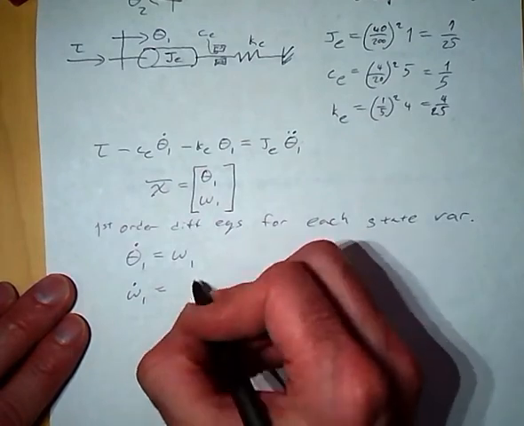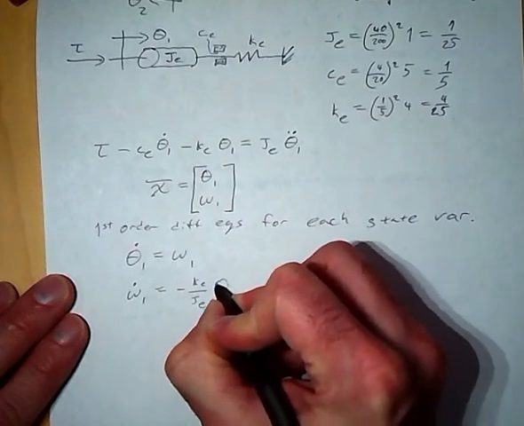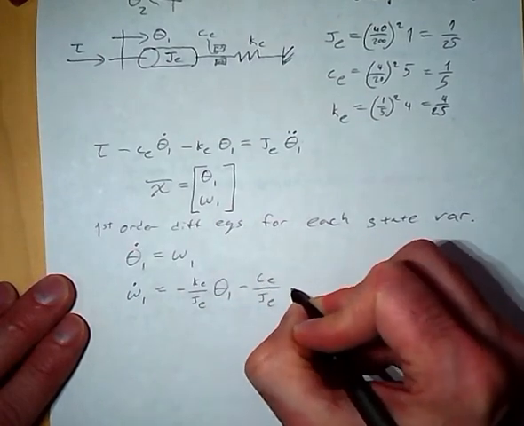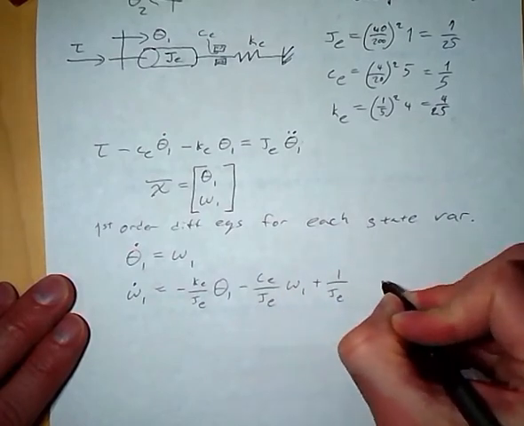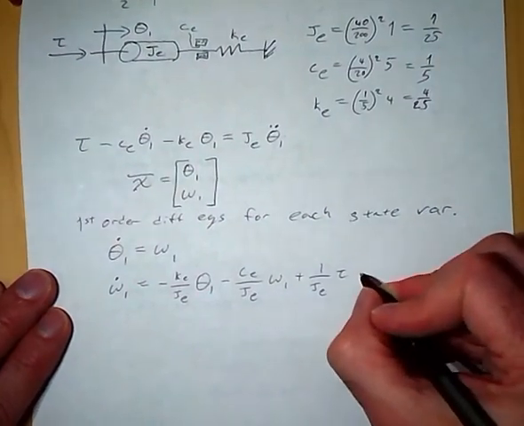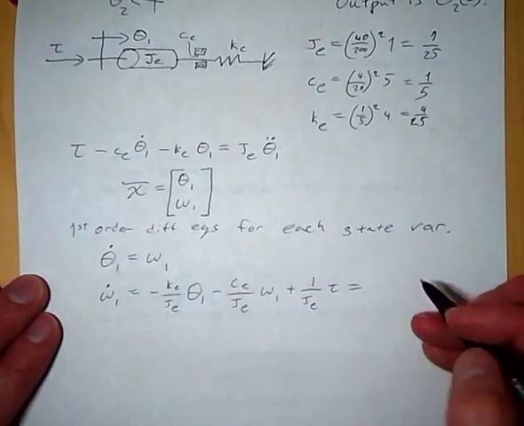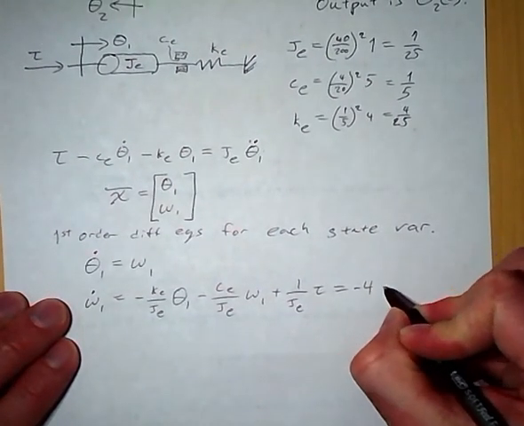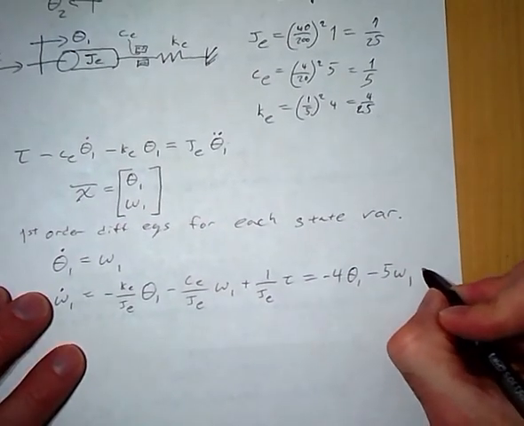So we have negative KE over JE times theta 1 minus CE divided by JE times omega 1 plus 1 over JE times tau. And we can substitute in our values for KE, JE for our effective impedances, and we get that this is negative 4 theta 1 minus 5 omega 1 plus 25 tau.